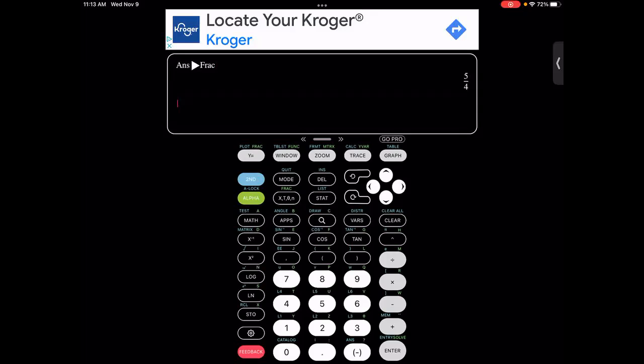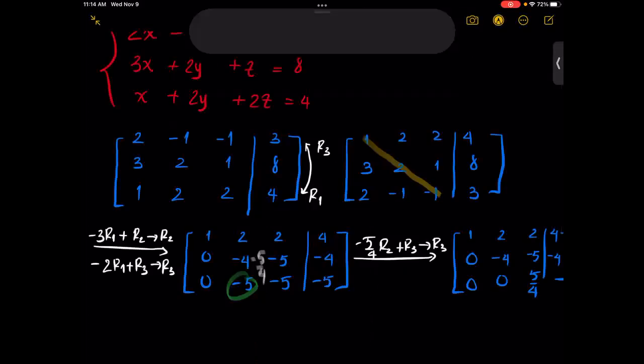What about the last one? Negative 5 over 4 times negative 4 added to negative 5. What do you get? It's the same thing, right? 5 over 4.